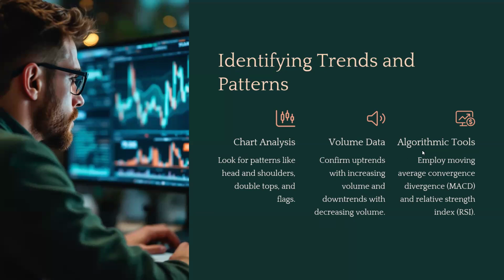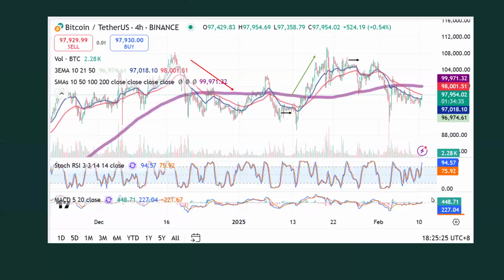So there will also be algorithmic tools that you can deploy onto a chart, like the MACD and also the RSI. So how does it look like? So this is the RSI, which shows the graph whereby at this point it is oversold and overbought, and over here all these points are oversold.